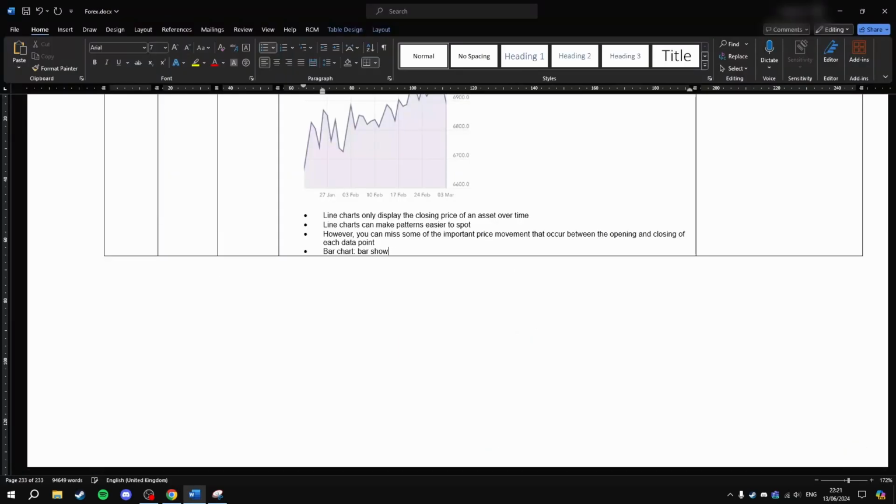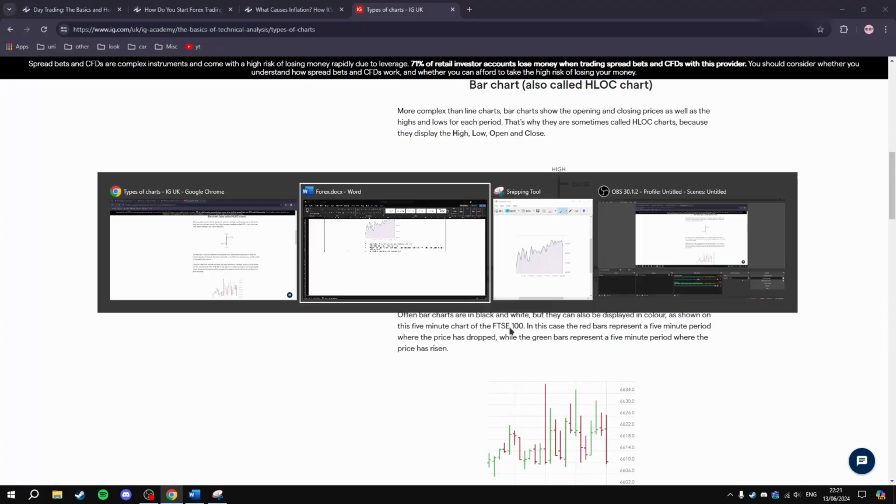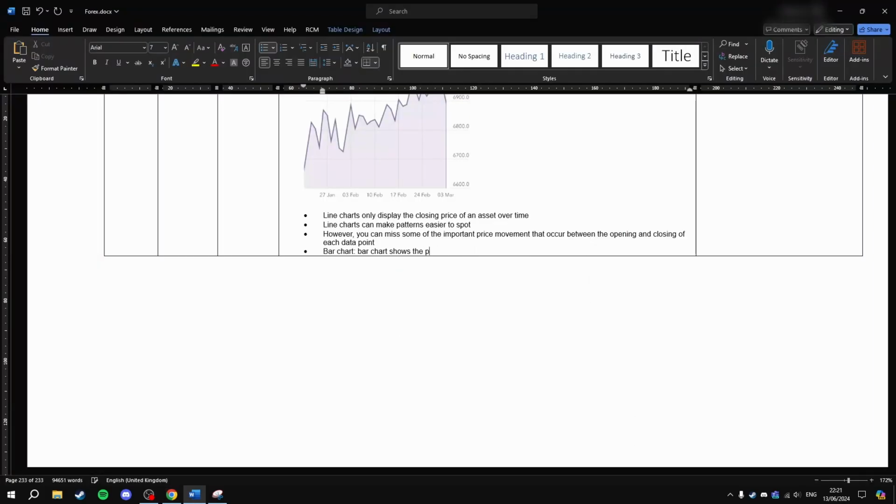Bar charts show the highs and lows, and the opening and closing prices as well as the highs and lows for each period.